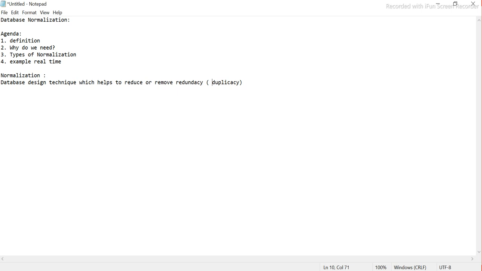Now we will see how it helps. Don't think too much and get complicated about it. Just know that this is a technique, and it will help you create a better database, and it can also remove the redundancy. I think you are clear with this topic now, at least the definition part.